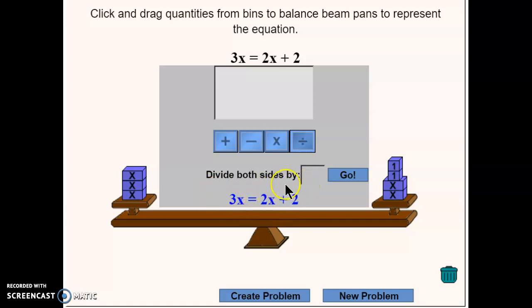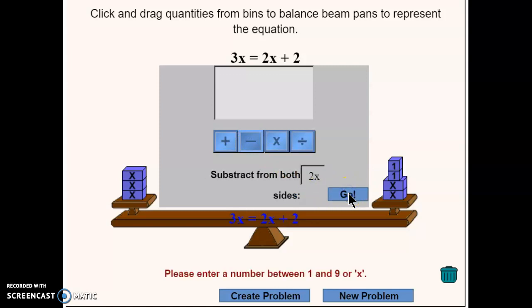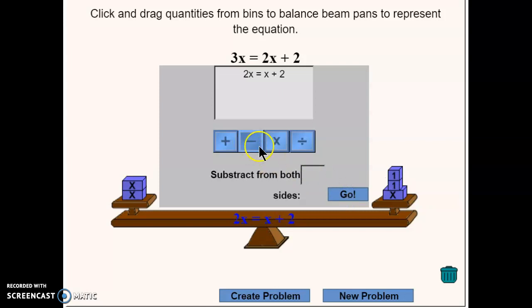Okay, so I take away 2x from both sides, click go. The software is not very smart, so I have to do it one by one. So take away 1x, and then I have to take away another x.